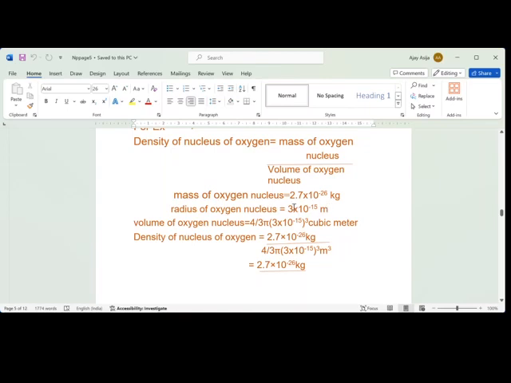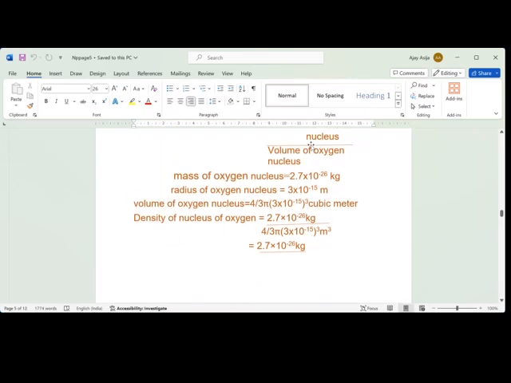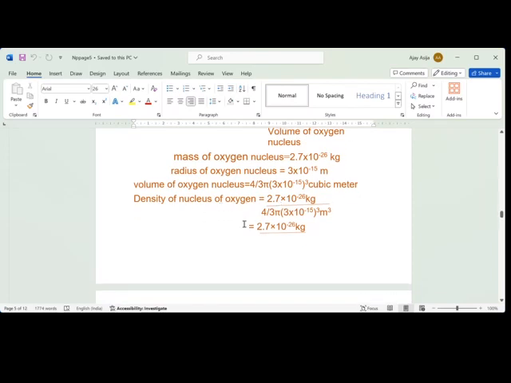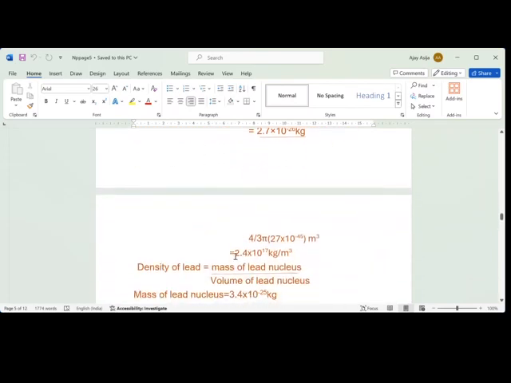We put this value of radius in the formula of volume, so the volume will be 4/3 π (3 × 10^-15)³. If we put the values of mass and volume in the formula of density, the density of the oxygen nucleus comes to 2.4 × 10^17 kilogram per meter cube.